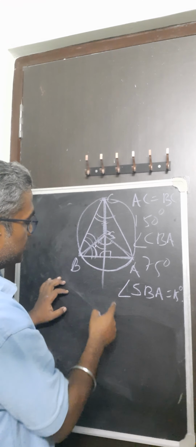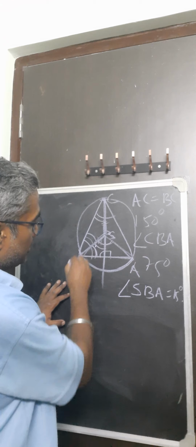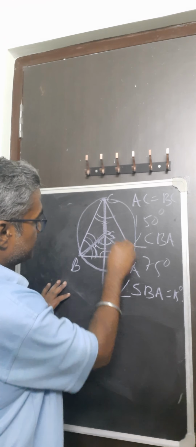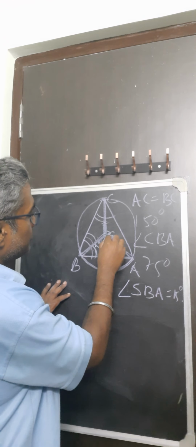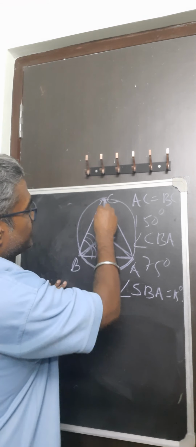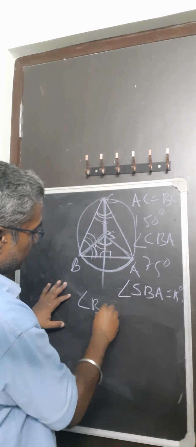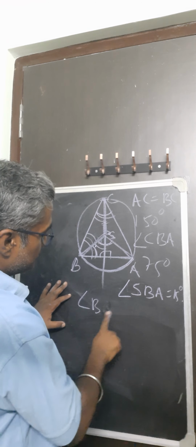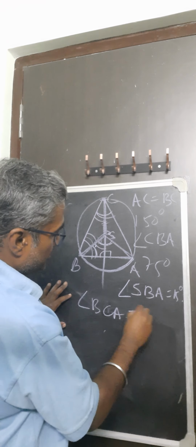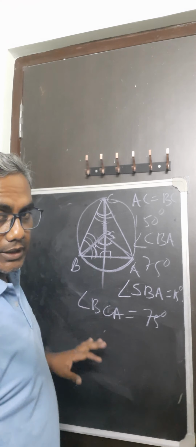That means on the same arc BA, the angle formed at the center must be double the angle formed at the circumference. So this angle BCA has to be 75 degrees, that means half of this angle.